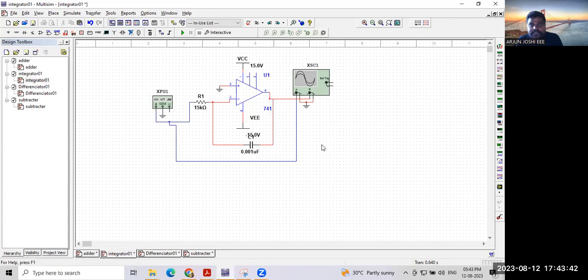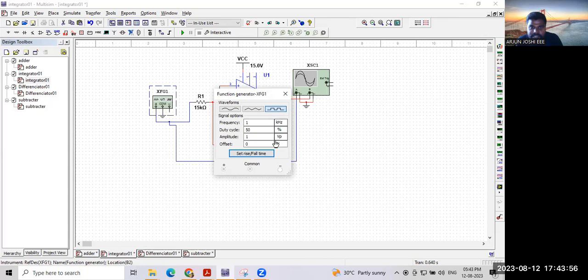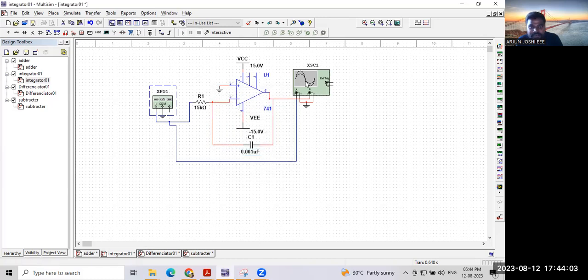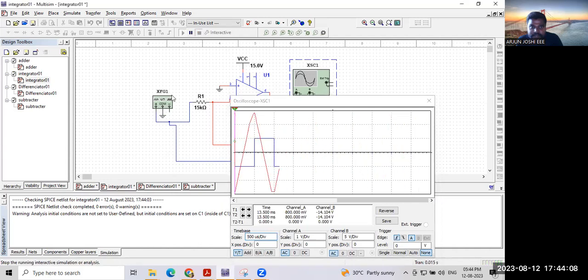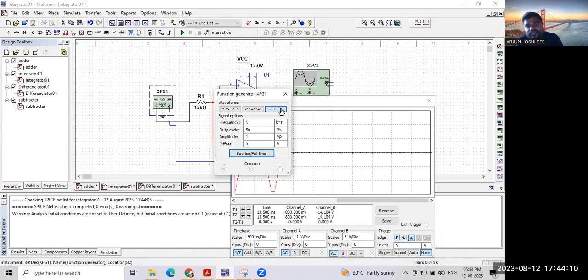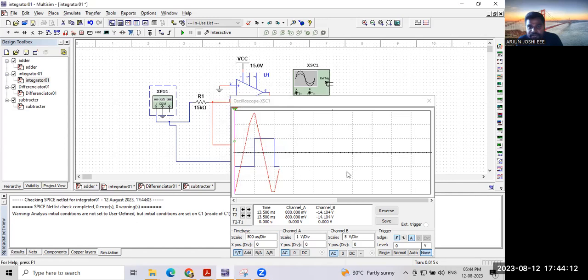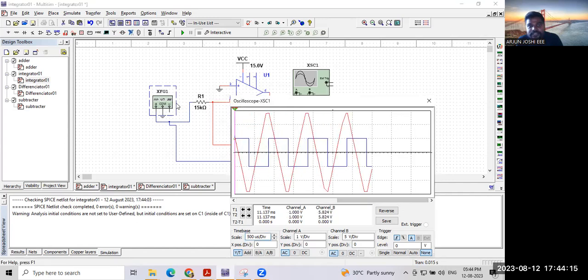The difference compared to the inverting amplifier is that here we use C, which is 0.001, instead of RF; I'm using CF. Before running, I need to set 1 kilohertz and 2 volts peak to peak, which means we set 1 volt peak. Now I'm going to run. Yes, this is the expected result, because I'm considering a square waveform, so the output is triangular.